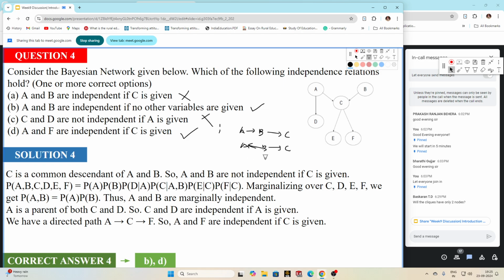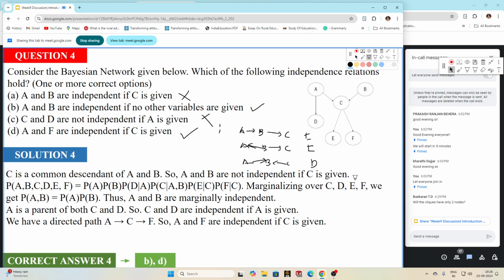Now the third rule is the explaining away effect: A and C are the parents of B, and if B is given, then A and C are dependent, right? So these are the three rules. According to them, I have solved the question. So this is independent, this is independent, and this is dependent.